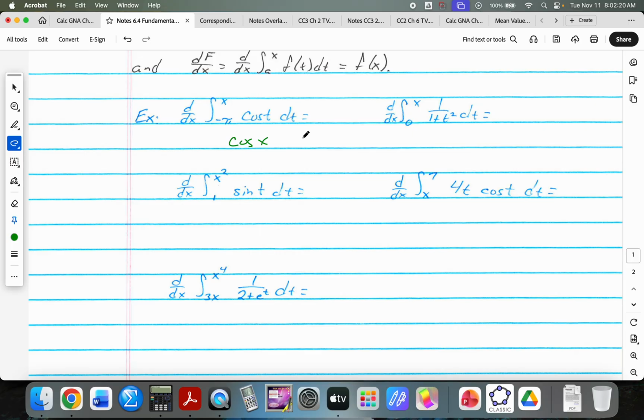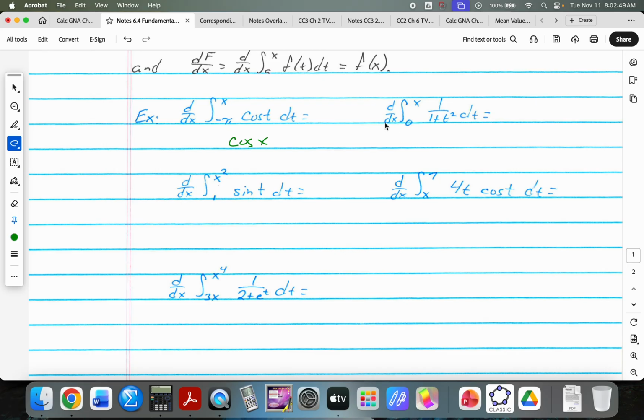And again, the way you want to think about it is that the integral is going to find an antiderivative, and this is doing a derivative. They undo one another. After we do the other part of the fundamental theorem, I'll come back to this one and show you that you can use the other part of the fundamental theorem to do this.